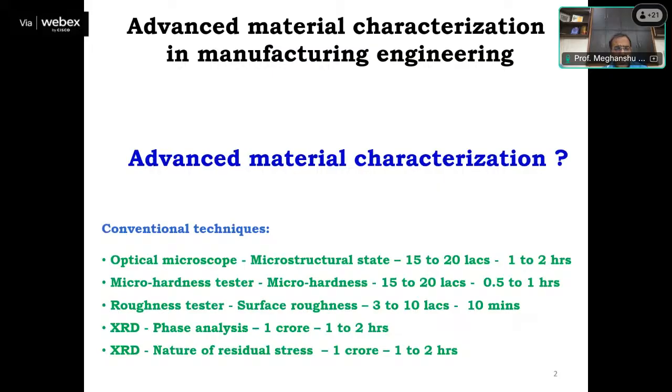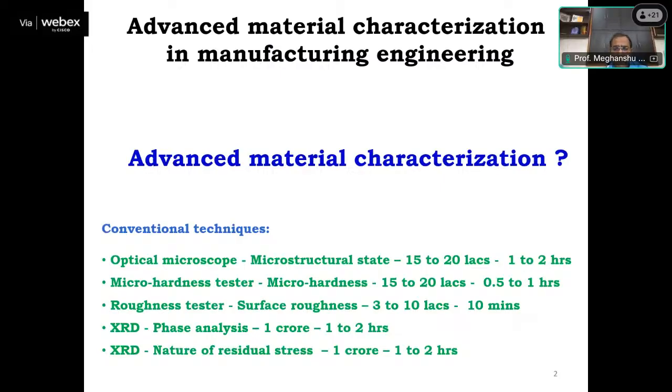If we consider the optical microscope that is used for assessment of microstructural state, then the cost of procurement of this optical microscope is 15 to 20 lakh rupees, and it requires 1 to 2 hour time to analyze the microstructure of component. We require polishing over the emery paper, we require diamond polishing, we require etching, then we require image analysis in optical microscope. So this combined time is around 1 to 2 hour.